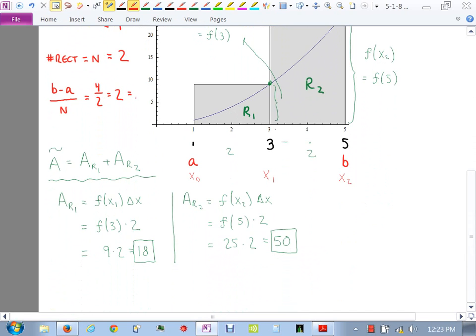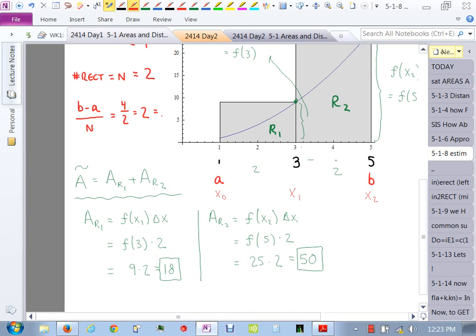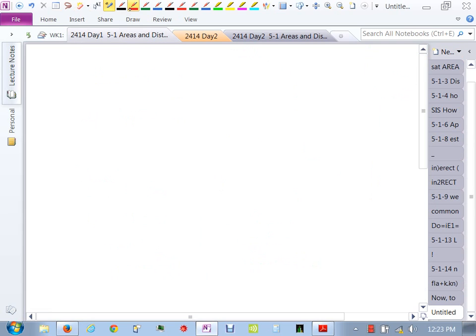Now, half of you already know what I'm about to show you. That's for those of you who talked about this in Cal 1, at the end of Cal 1, antiderivatives. Some of you may have seen this already. If you take the function we were just looking at, f of x equals x squared, and you find its antiderivative, what is the antiderivative of x squared?